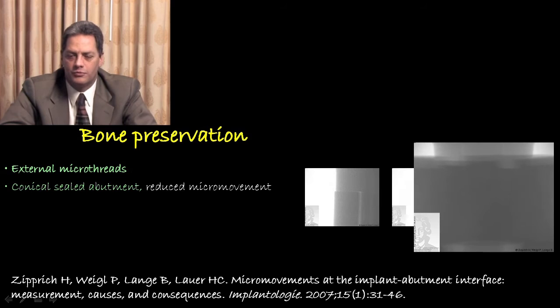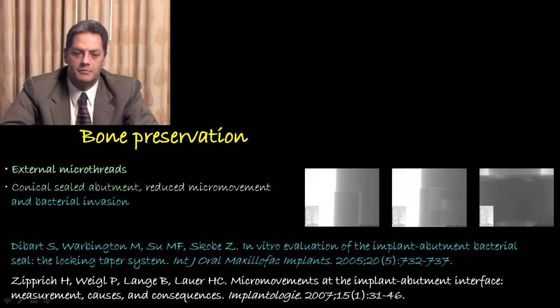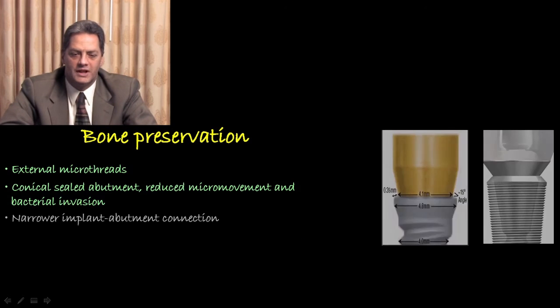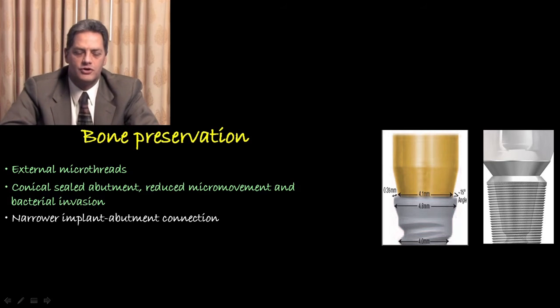On the third and last movie here, we have no actual micromovement between the component and the implant. The advantage of reduced micromovement is trying to prevent any bacterial invasion between the abutment and that implant. So with less bacterial invasion, we feel that this is going to help with bone preservation.